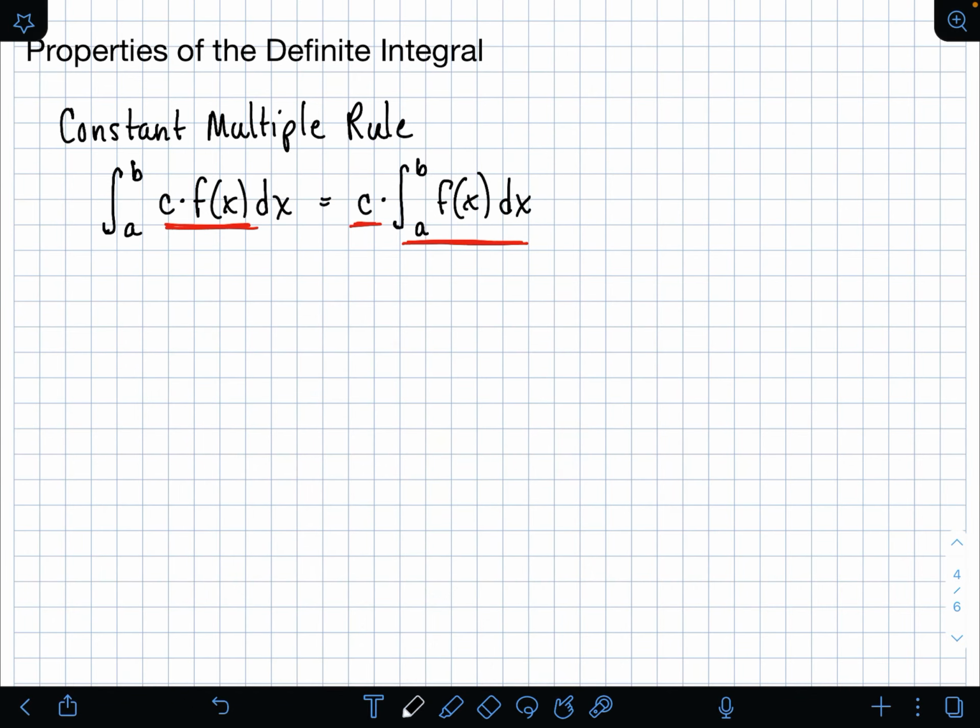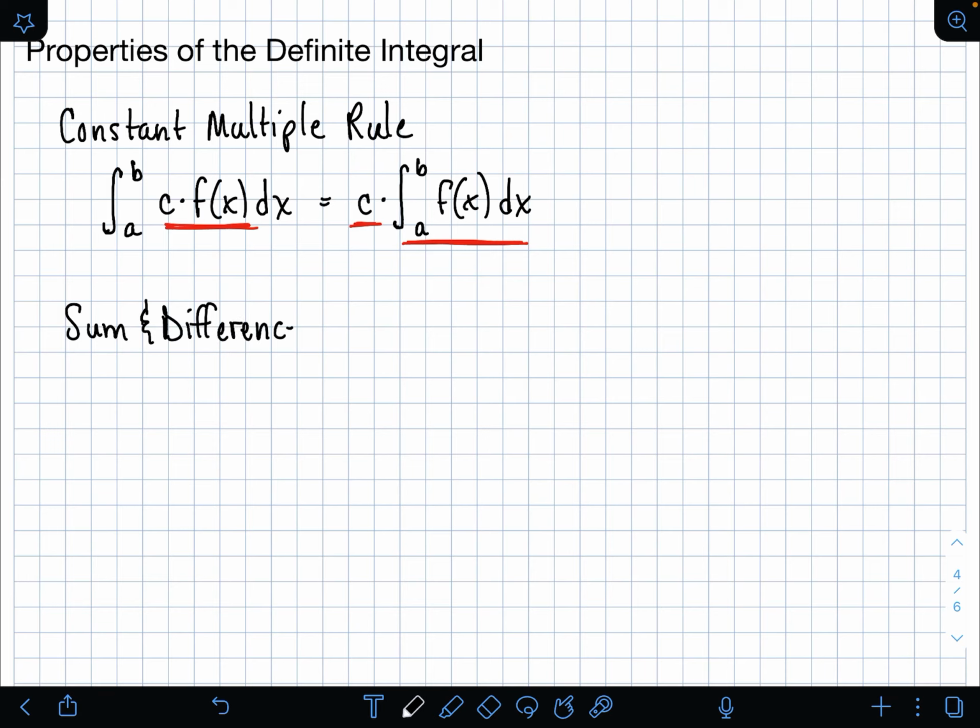If we needed to, we could sit here and go through the proof with the limit and the summation, but we know that c is a constant, and we know that it can be brought out in front of summation and out in front of a limit, so it would still work. The other one, which usually goes along with this, is the sum and difference rule.